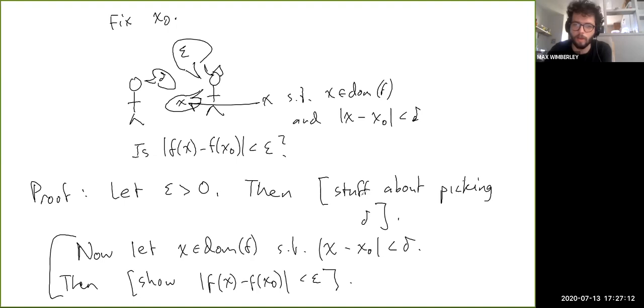Here's the thought process behind why we pick delta the way we do. When you lay all of that out, it makes it obvious that by going backwards through the chain of logic you followed to get to delta, you'll arrive at the fact that this is true for the choice of delta that you made. So that's a valid thing to write down if you're trying to write a proof.